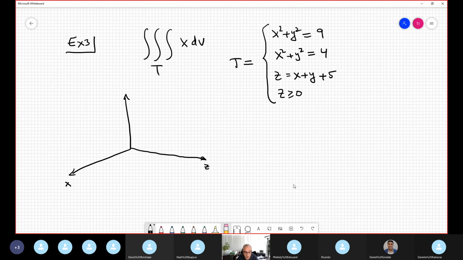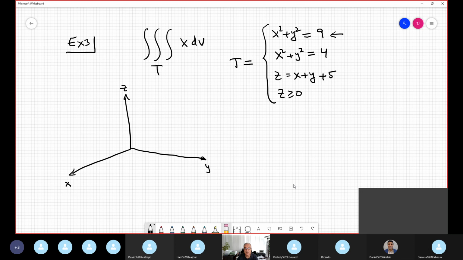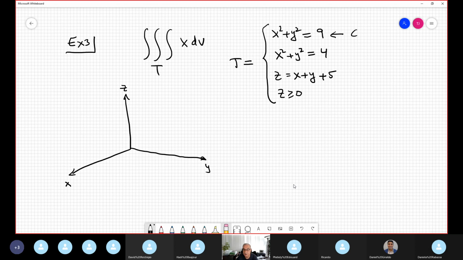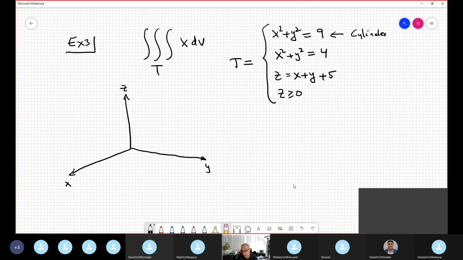First of all, identification of the surfaces that participate in the game. What is the first one? Cylinder. The radius is 3, no? Circular cylinder, radius 3. So, in my opinion, it looks like that.